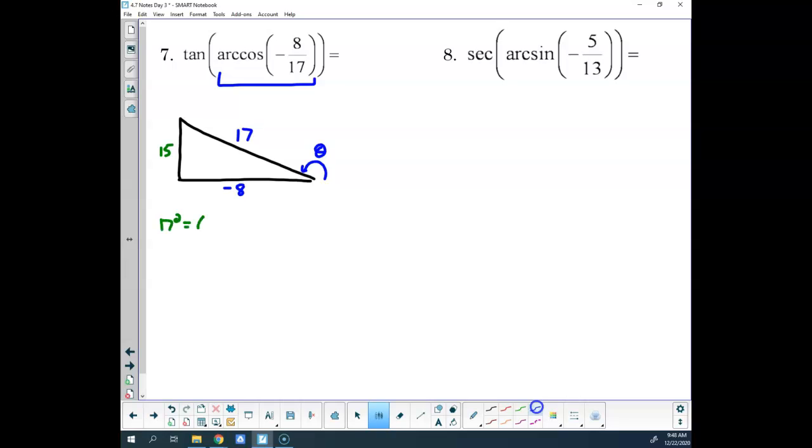17 squared is equal to -8 squared plus y squared. 289 equals 64 plus y squared. 225 is y squared. So that's 15. Okay. So I need the tangent then of my theta.